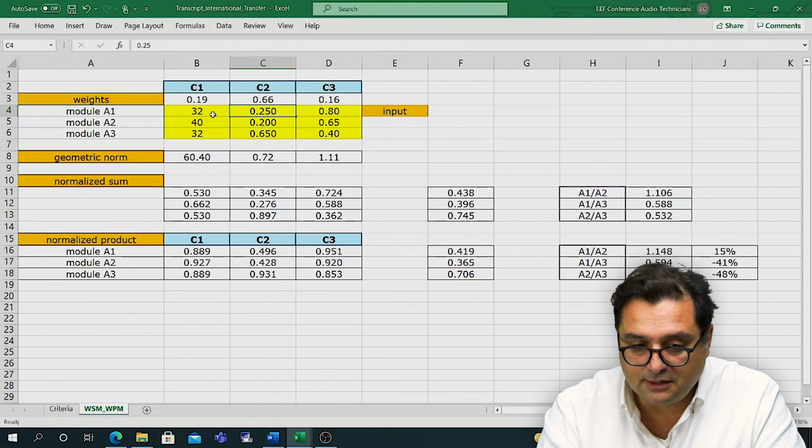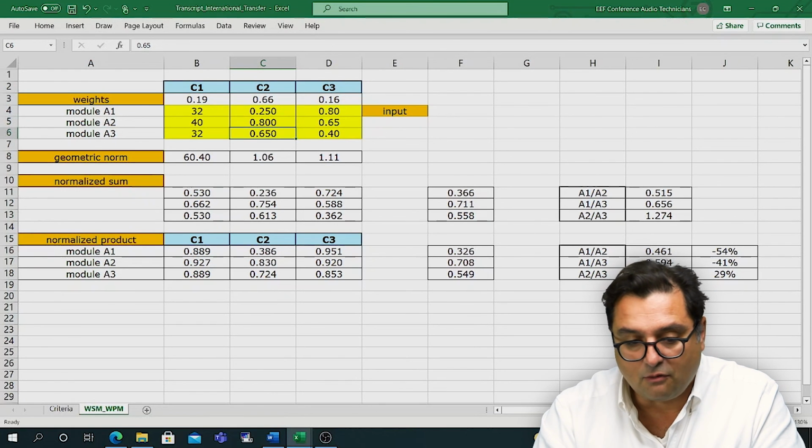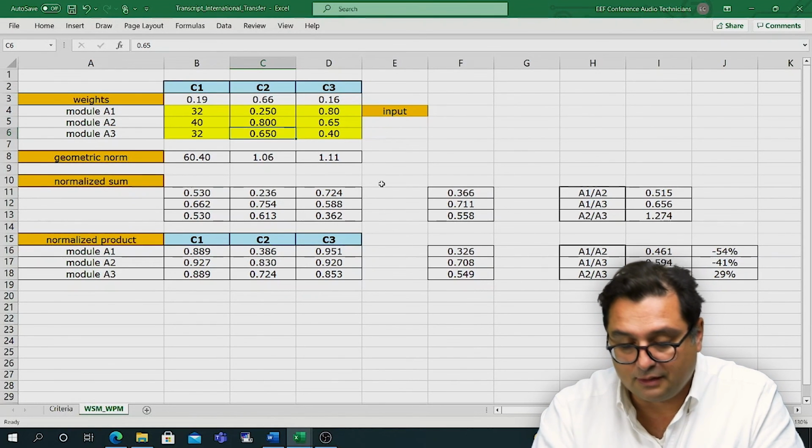And the same applies here, because given the input that we provide, we also get results. We have to be very clear. This is a very objective approach, and it is fully data-driven. Given the data that we have, we also get the results.